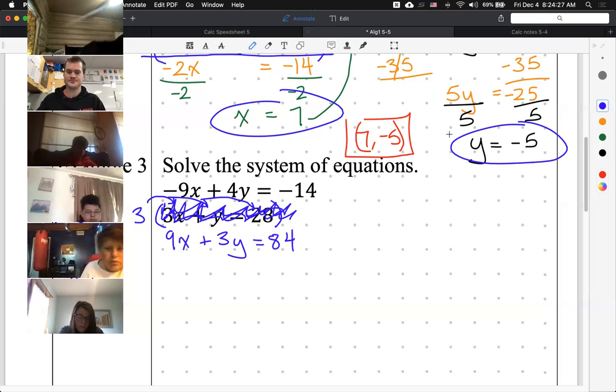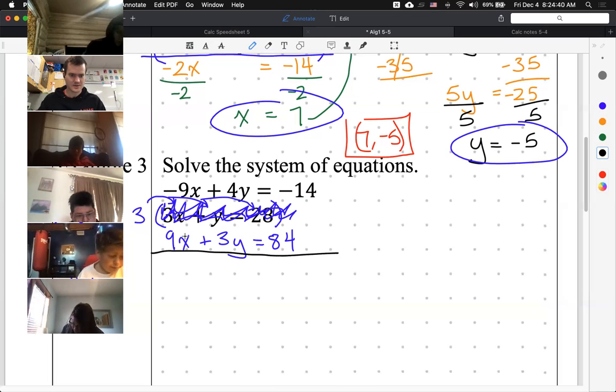Yeah, Diego. So now you would just cancel out the 9x's because they cancel out. Are you adding or are you subtracting to get those canceled out? I'm adding. Adding the 2 equations. Okay, yeah, and I agree. By adding them, they do cancel out, so I'm left with nothing here. So I'll just ignore it. And then what do I do next?